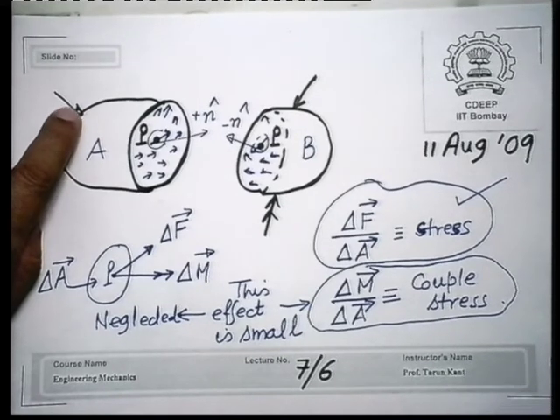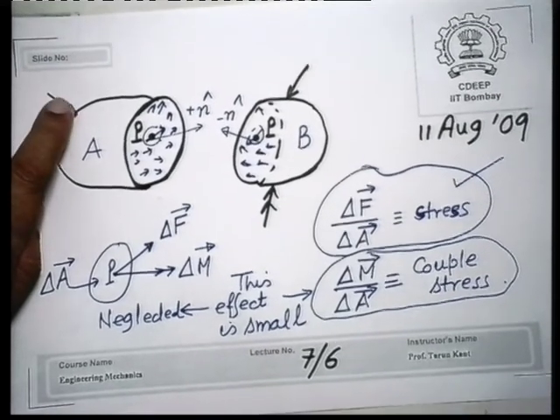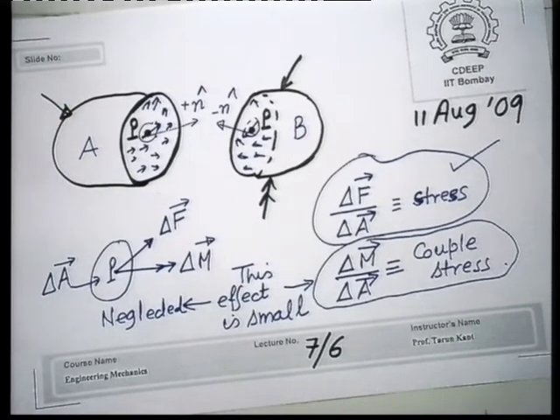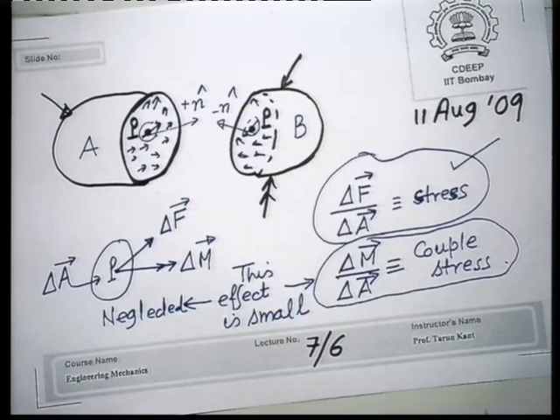Supposing you want to find out stresses around, I told you this is the point of stress concentration. So, wherever there is stress concentration, the effect of couple stresses becomes important, but away from these loads, the effect of couple stress is very small, and for a first course or even for an advanced course, not many people use this. So, only in a special situation we use couple stresses.